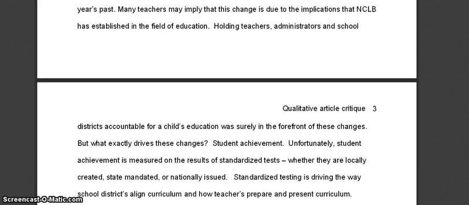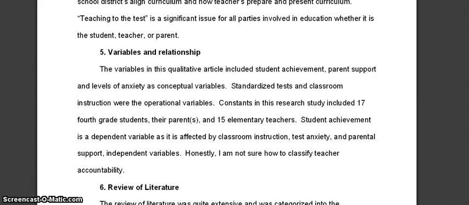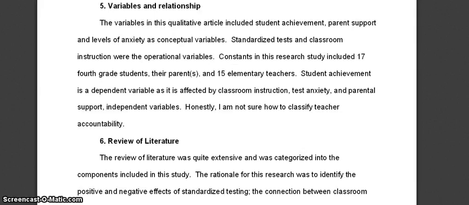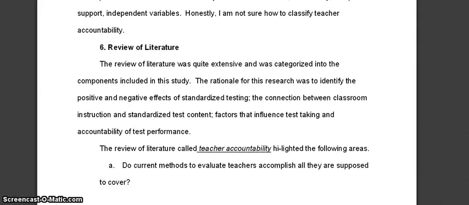You know, what are they dealing with? The significance of the problem, variables in relationship. If you've chosen a qualitative article, you will not have variables in that sense, but you might want to just speak to what you're looking at. Review of literature. This would be the sources that they used.